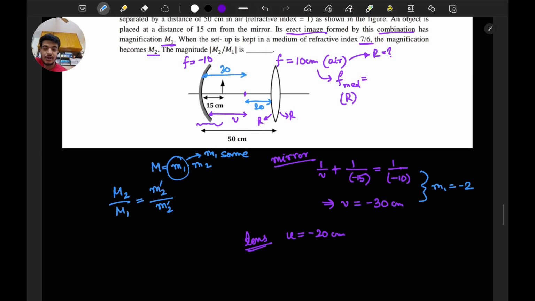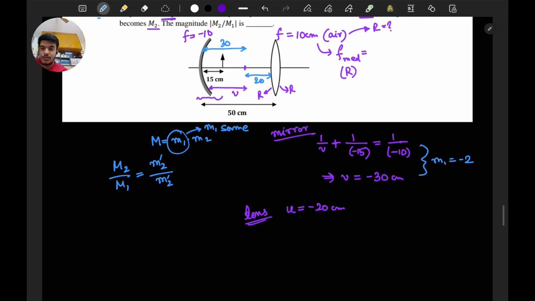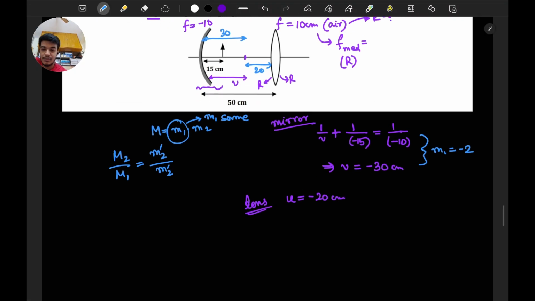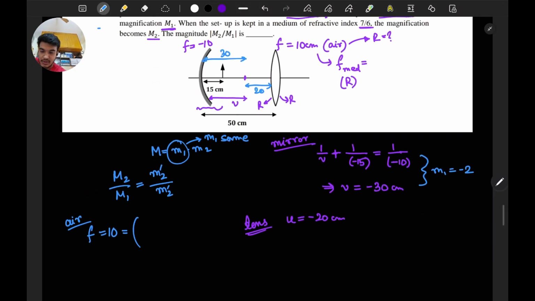So first, for that we need to find the radius of curvature, so that we can find the focal length in the next medium. So f, if I talk about the air, is 10, and it is mu lens by mu medium minus 1 into 1 by r minus 1 by minus r, when we are talking about the convex lens.